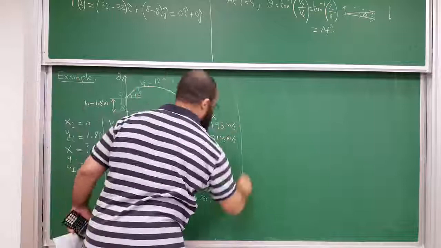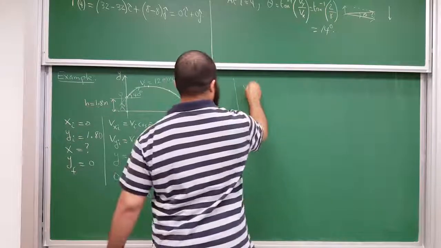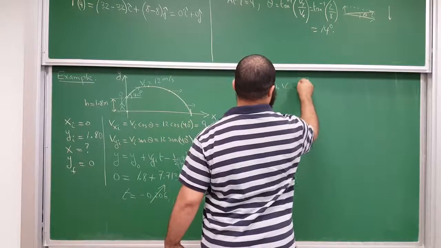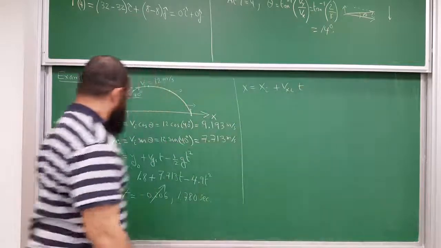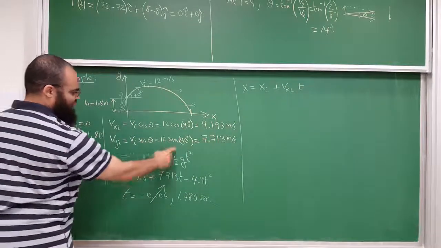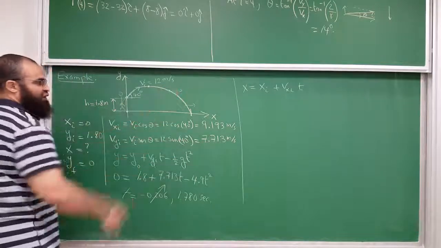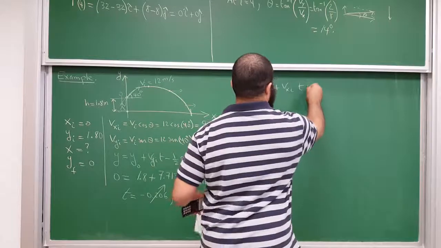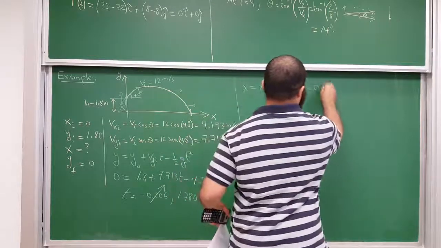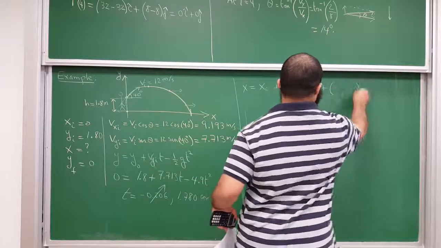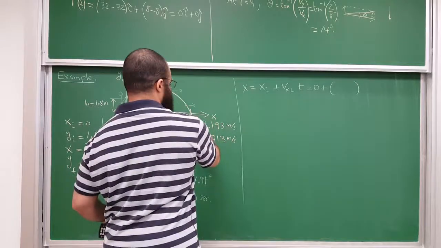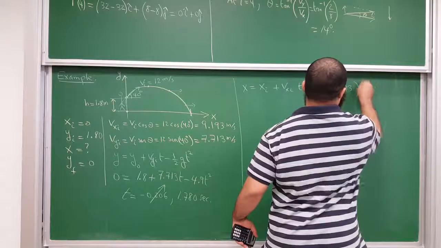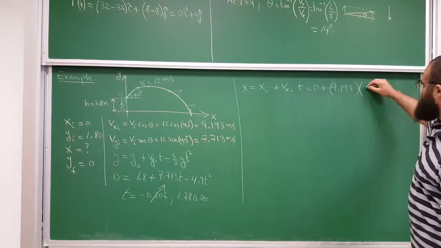So how far to the right did it go? Well, we know that x final is equal to x initial plus Vx initial times the time. It's almost like this equation, but there is no acceleration in the x direction, so we stop there. And so you get x initial started being 0, Vx initial, well, it's always 9.193, and the time is 1.78.